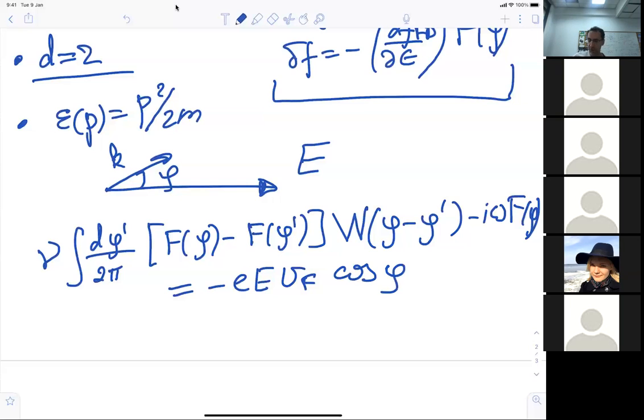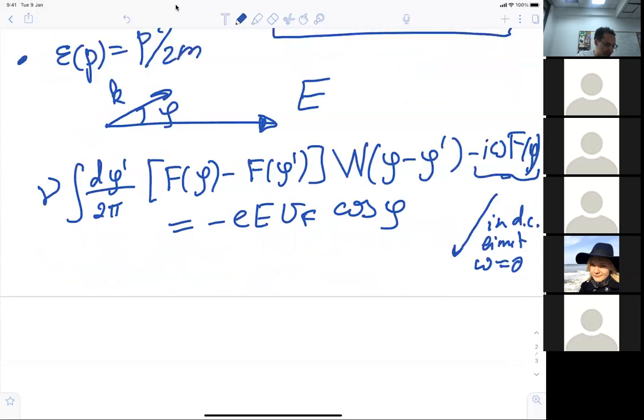So in the DC limit, where omega is equal to 0, this term drops, and we are back to the usual Drude formula we discussed last time.